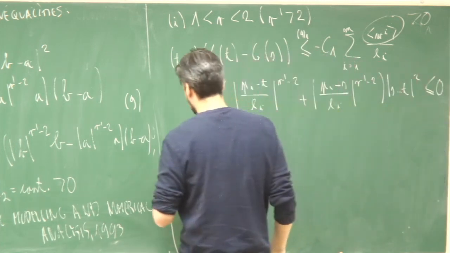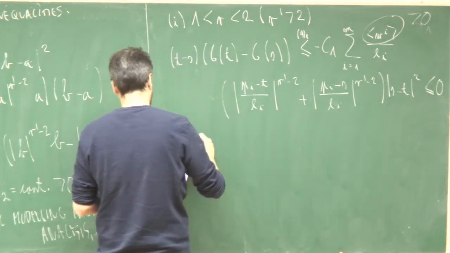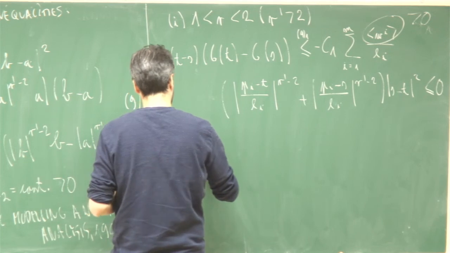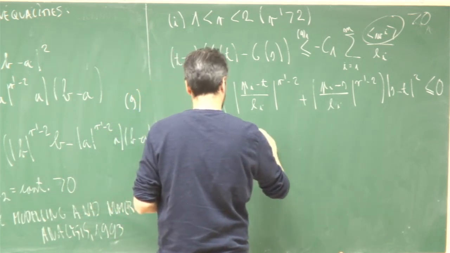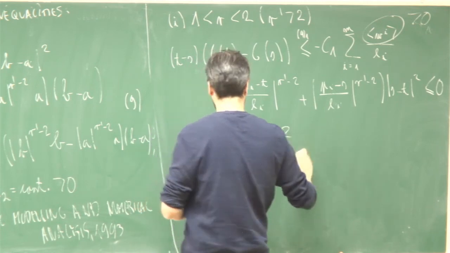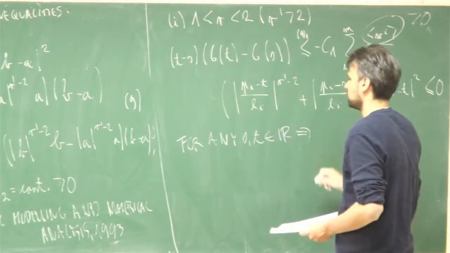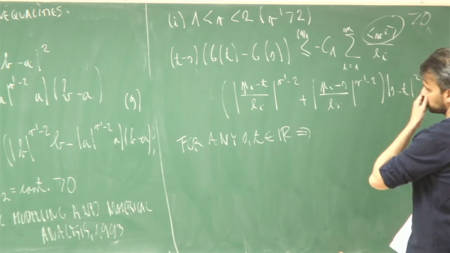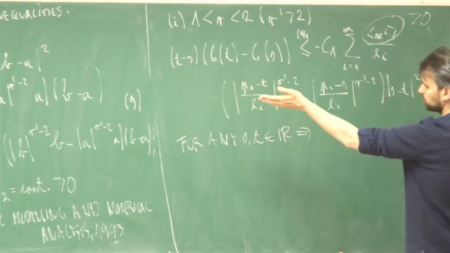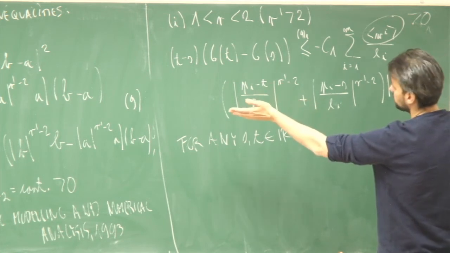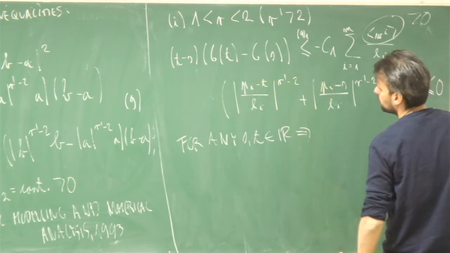This holds for any s, t in R. Of course, it's then easy to check that if t is less than or equal to s, then g of t is bigger than g of s.